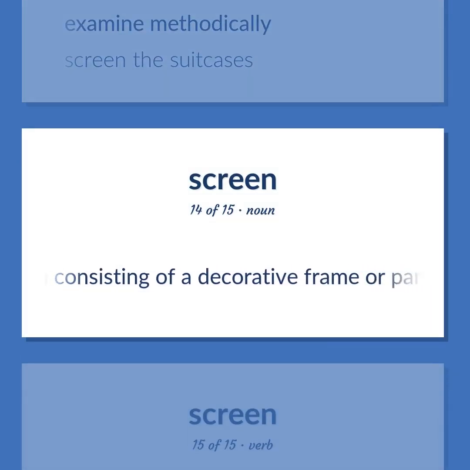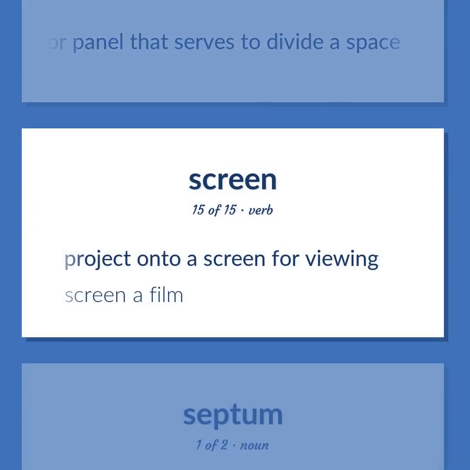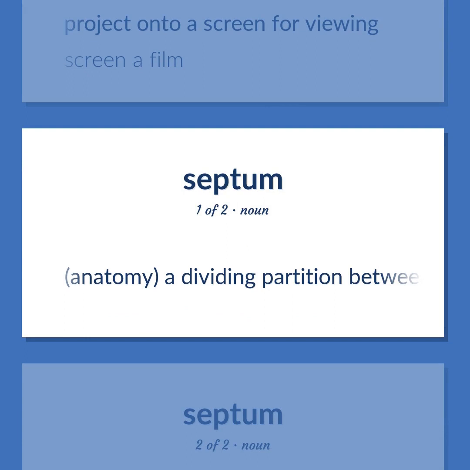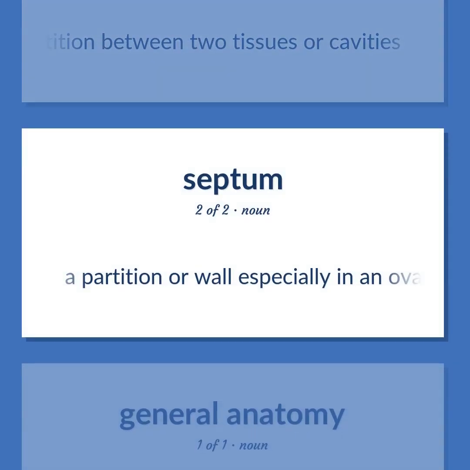Partition consisting of a decorative frame or panel that serves to divide a space. Project onto a screen for viewing. Screen a film. Anatomy. A dividing partition between two tissues or cavities. A partition or wall, especially in an ovary.